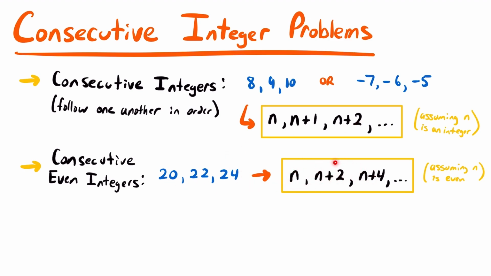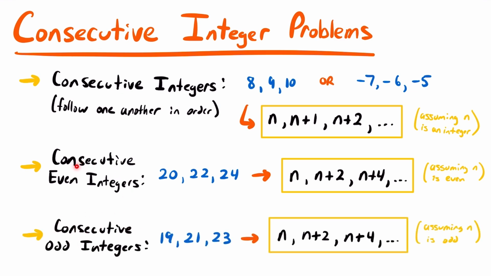Assuming that that value of n that you're starting with is an even number itself, right? n must be an even integer to begin with. And that's the assumption that we would make when we write out this list of unknown consecutive even integers, okay? And that assumption is important because a problem might also refer to consecutive odd integers. And so this is the same idea as consecutive even integers. It's just that instead of looking at the even integers in order, we are looking at the odd integers in order.